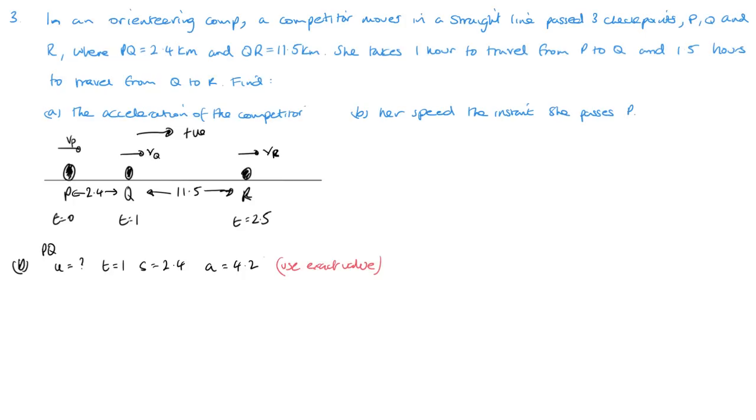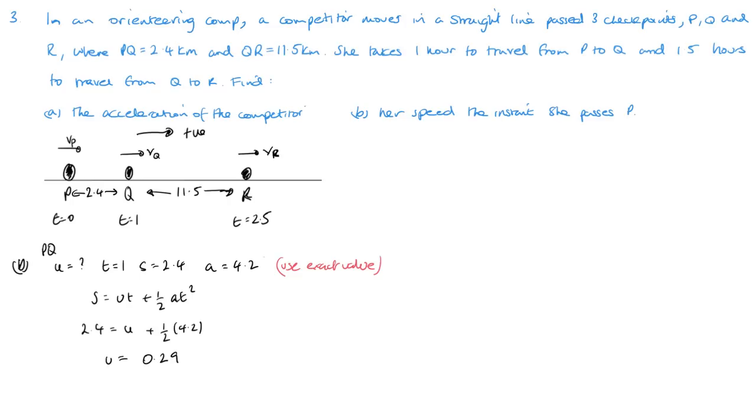Don't use the 4.2. So S equals UT plus a half AT squared. So 2.4 equals 1U plus a half times 4.2 times 1 squared. So U equals 2.4 minus a half of my answer.